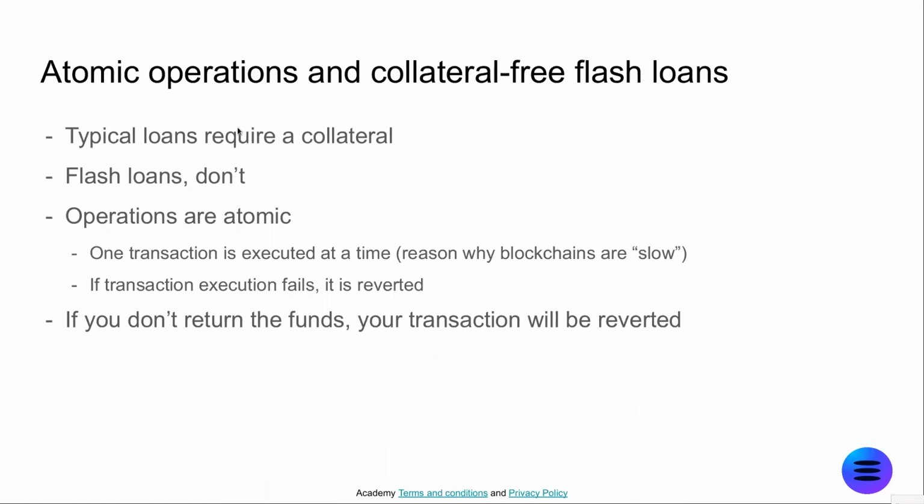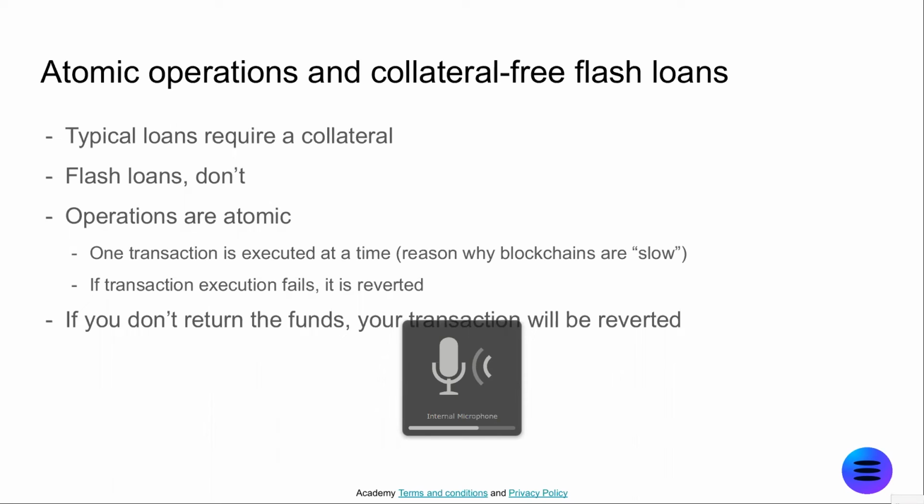And typical loans are usually borrowed for a longer period. However, a flash loan is only borrowed within one transaction and is returned right away. For liquidity providers, there's no risk of losing funds if the smart contracts are audited properly. And for borrowers, it does not require providing any collateral.